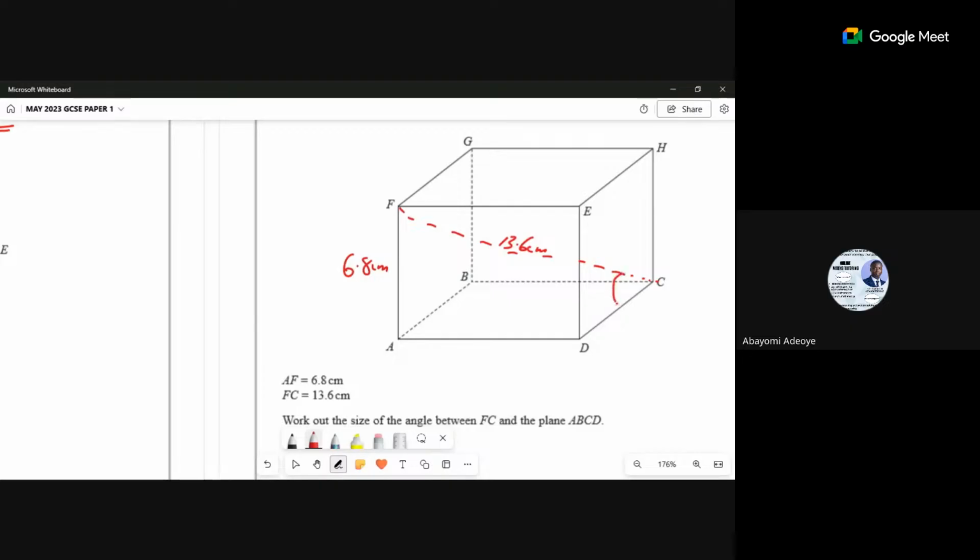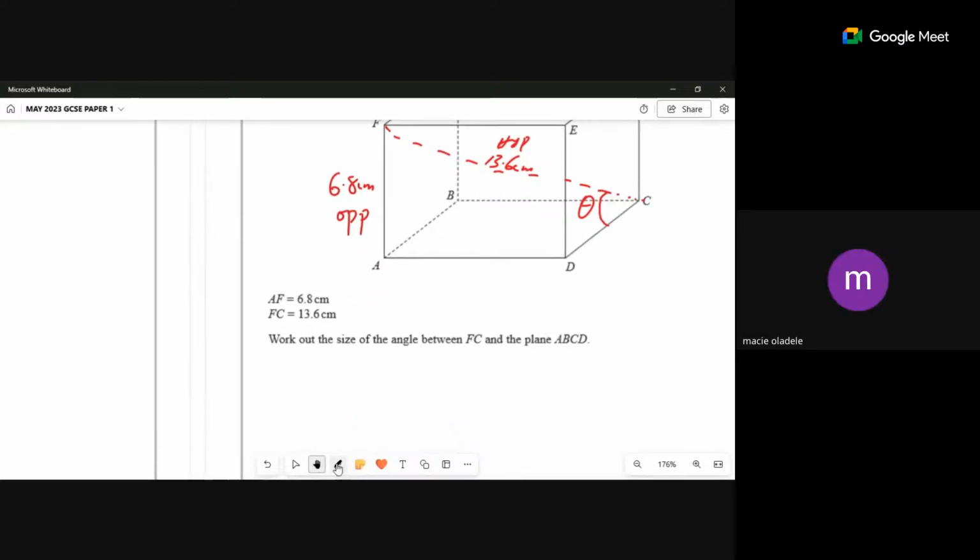So this angle, theta, is opposite over hypotenuse. That is sine. Sine theta is opposite over hypotenuse. So we have sine theta equals 6.8 over 13.6. So what's 6.8 over 13.6?